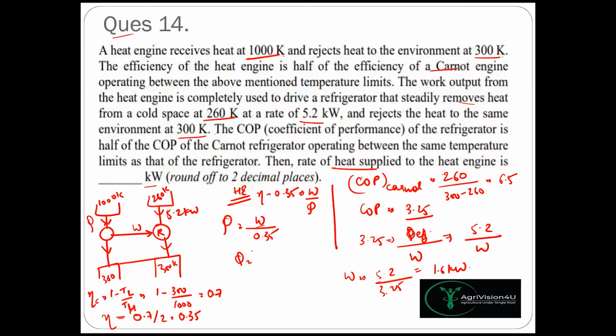So Q would be equal to 1.6 divided by 0.35, and on solving we'll be getting it to be 4.5714 kilowatts. That means the heat being supplied to the heat engine from the source is 4.5714 kilowatt.